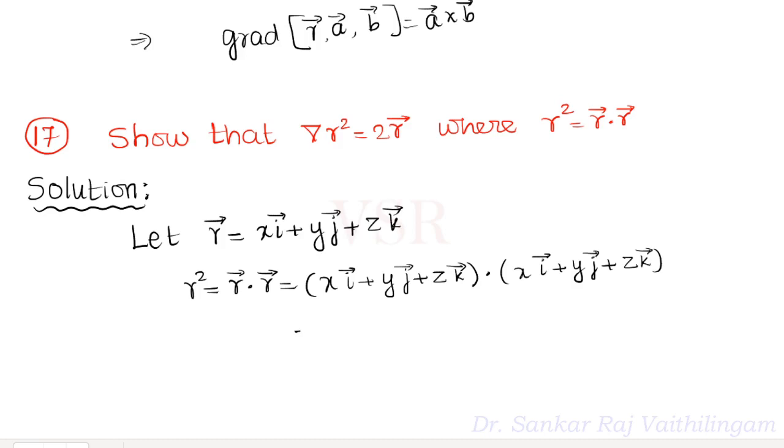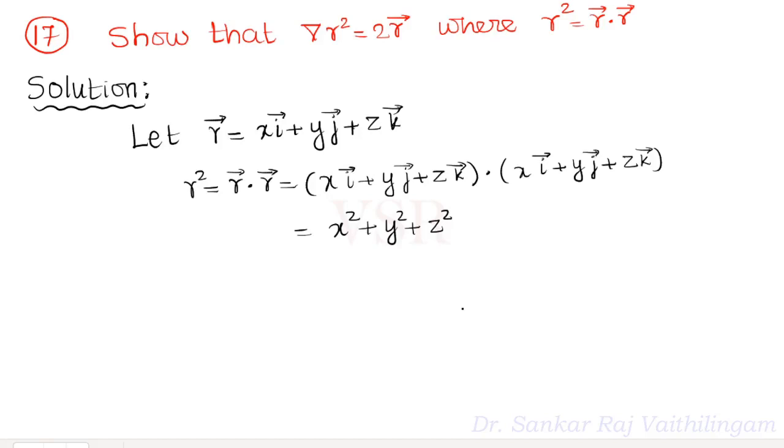What is this? x into x, so we will have x square, plus y into y, so y square, plus z square. Therefore r square is equal to x square plus y square plus z square. It is a scalar value.